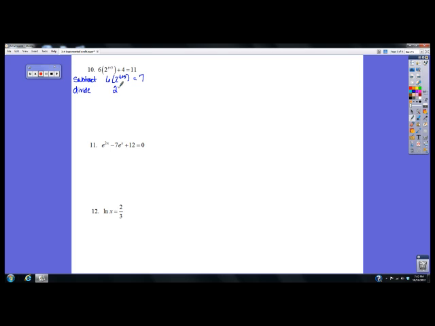So I have 2 to the t plus 5 equals, now if I divide 6 by 7, it does not divide evenly and it does not turn out to be a nice decimal, so do not round until the end. If you round now and put a decimal there, you will not get the right answer.